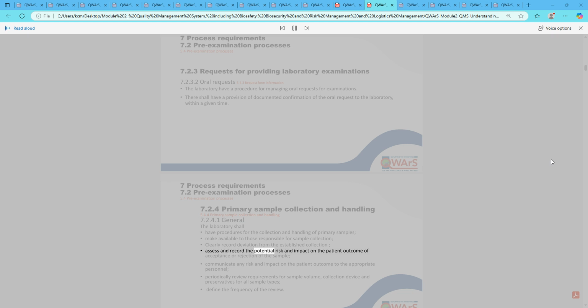Assess and record the potential risk and impact on the patient outcome of acceptance or rejection of the sample. Communicate any risk and impact on the patient outcome to the appropriate personnel. Periodically review requirements for sample volume, collection device and preservatives for all sample types. Define the frequency of the review.